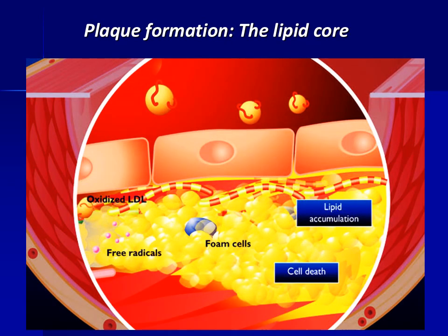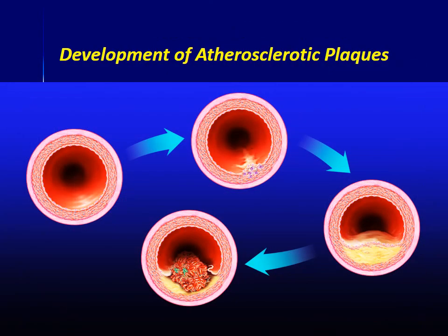Plaque formation, the lipid core. Further lipid accumulation in the lipid core results in death or apoptosis and potential destabilization of the plaque. This figure shows the progressive development of atherosclerotic plaque and the narrowing of the artery.